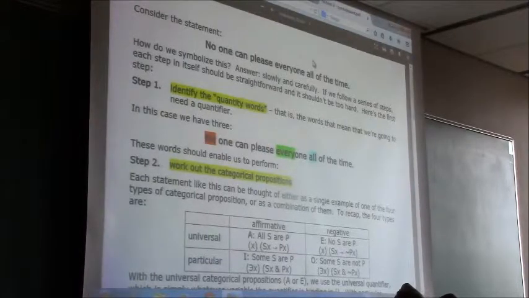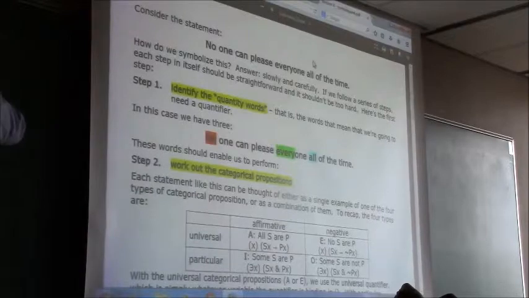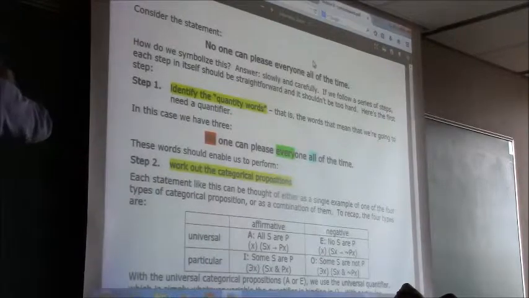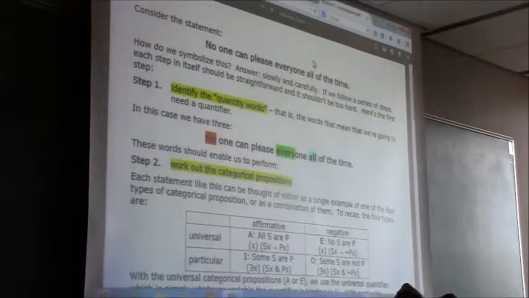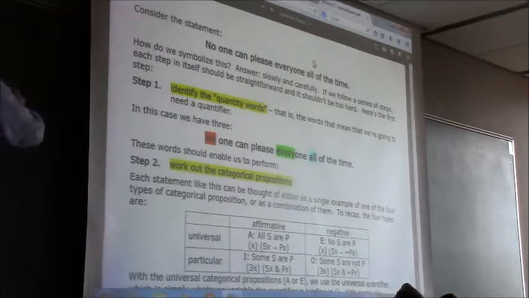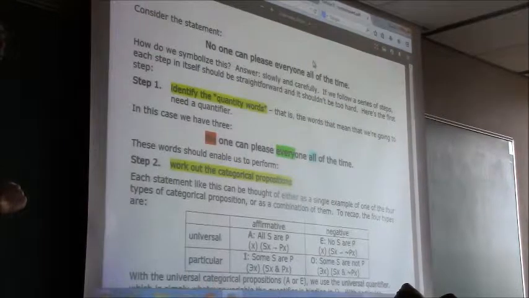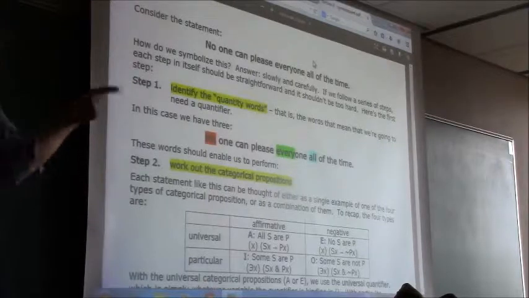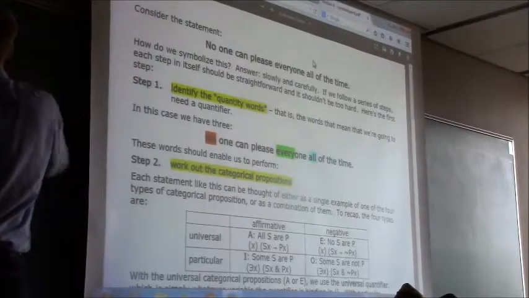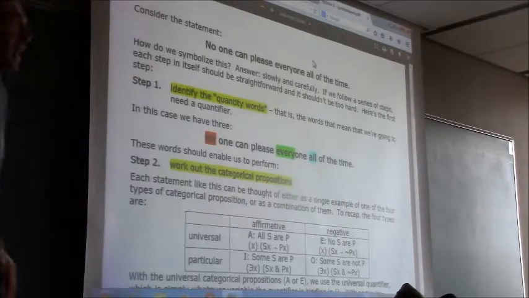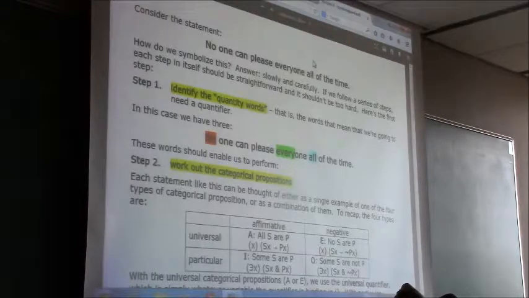The first one is blank can please the second one. So this is the person doing the pleasing, this is the person being pleased. What is the third place? At a time. So it's blank can please blank at blank. That is a 3-place predicate. Don't worry, that's as far as we go, because we only have 3 variables, x, y, and z. We can only handle 3 places. It's not going to get more complicated than that.